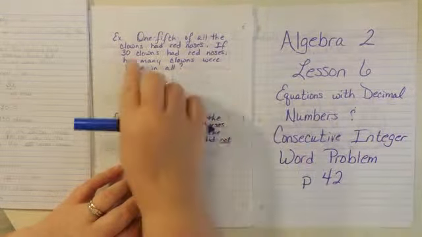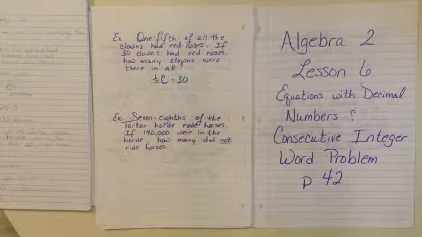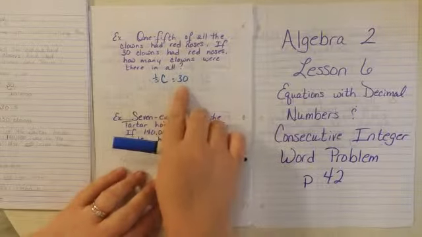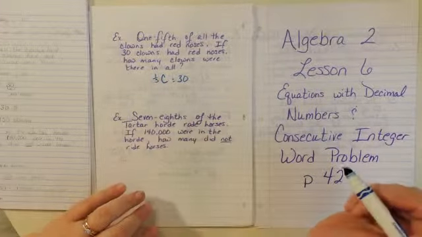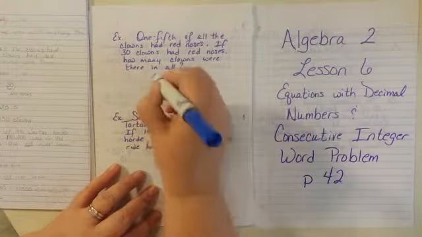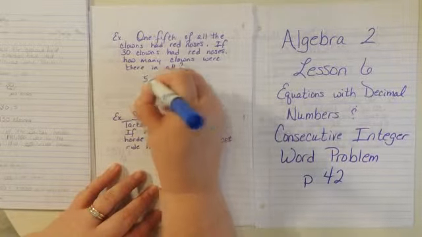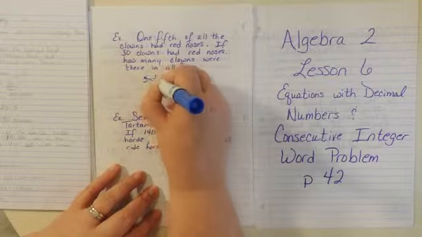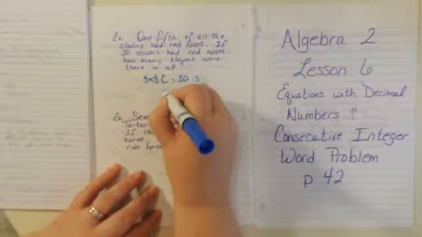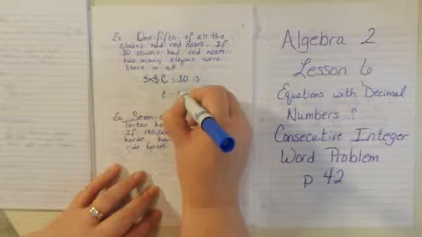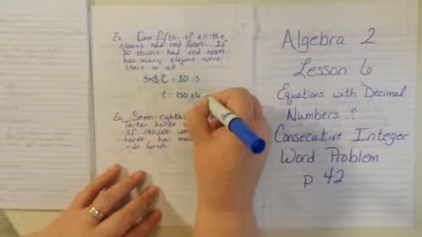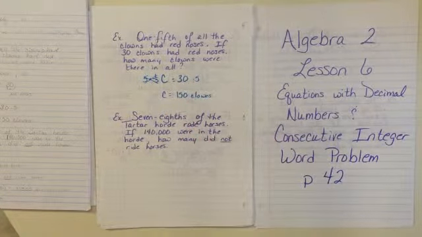So 1/5 of all the clowns was 30. Okay, in order to solve for C, now we're going to do the reverse of this. So it's 1/5. We're going to multiply both sides by 5. That will cancel this out. And the number of clowns is 150.